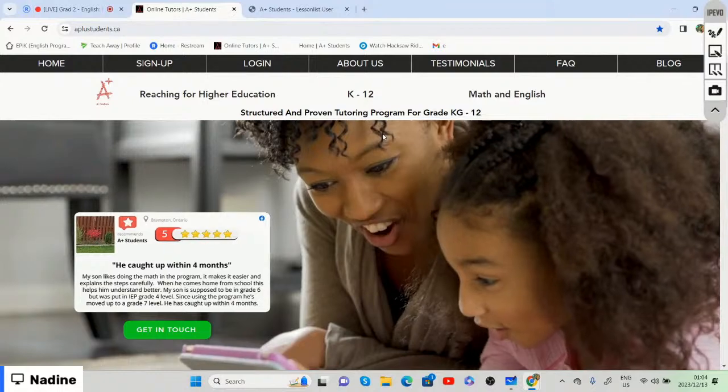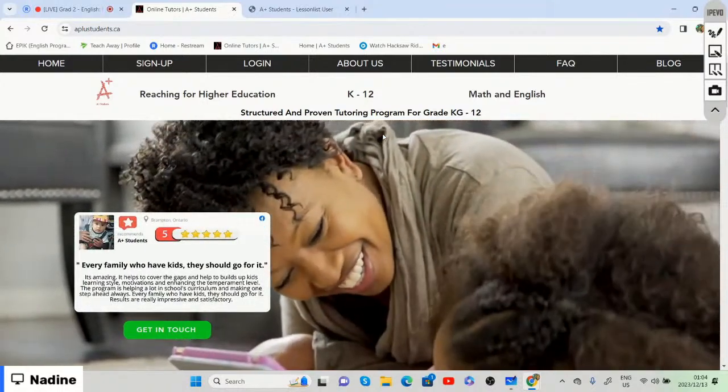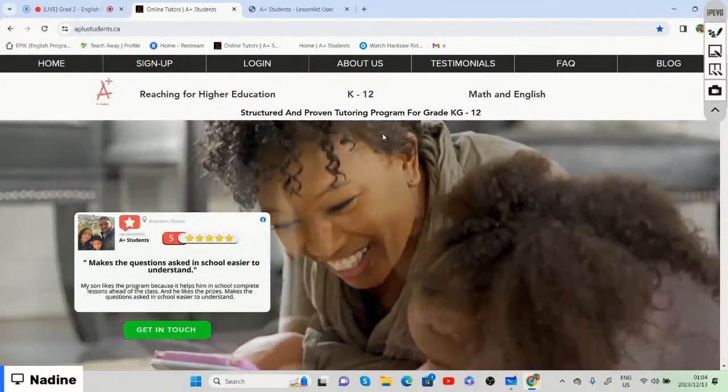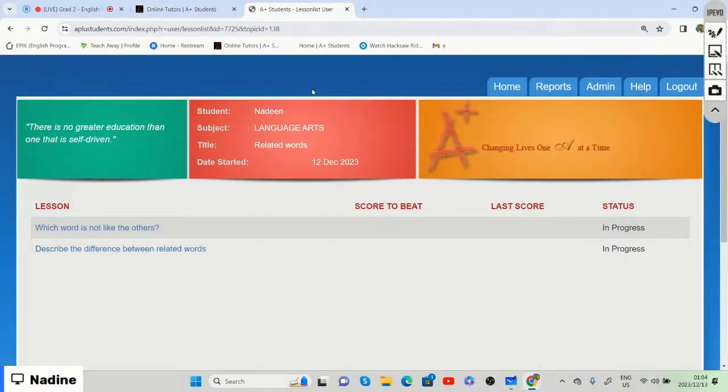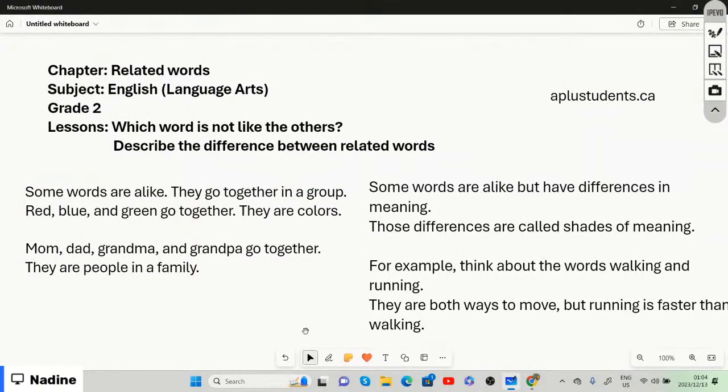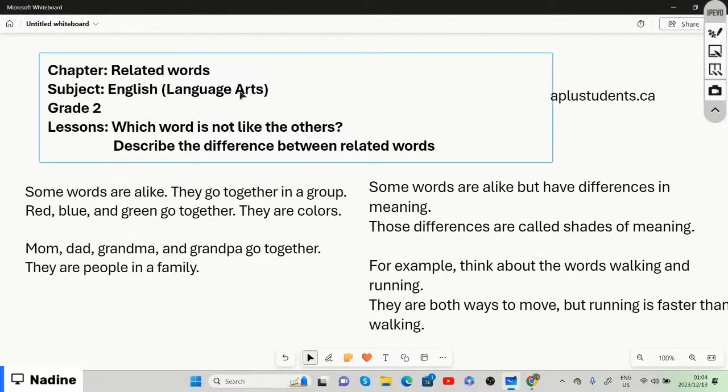Once we've selected that, we're going to scroll down until we get to the chapter of related words. So we're doing the chapter of related words.